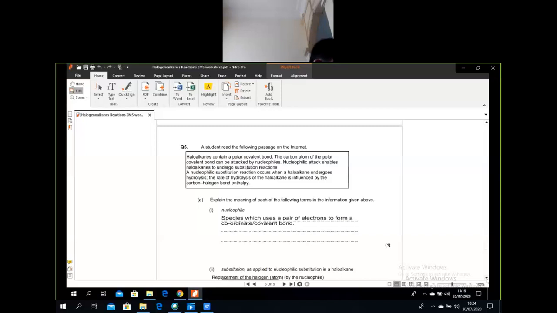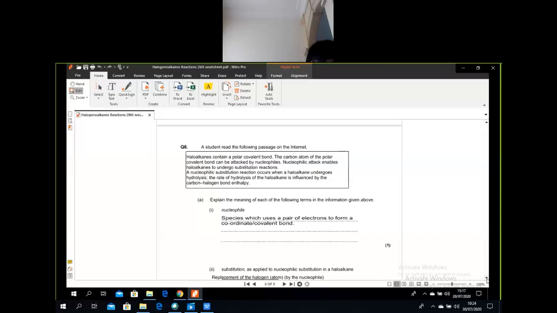The rate of hydrolysis of the halogenoalkane is influenced by the carbon-halogen bond enthalpy. Where do we find the carbon-halogen bond enthalpy? From the data booklet.